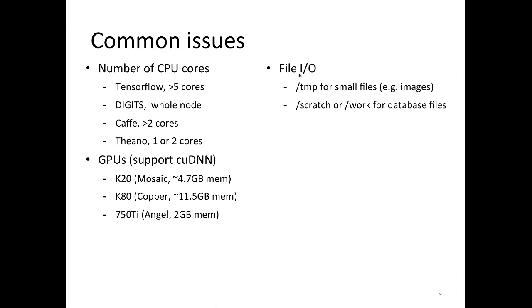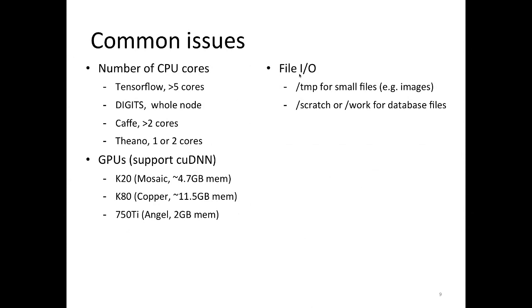To get the database ready, you have to get the ImageNet images or other input items. All these images are small, and you'd better put them into temp. Temp is the local attached storage, so each node has its own temp.